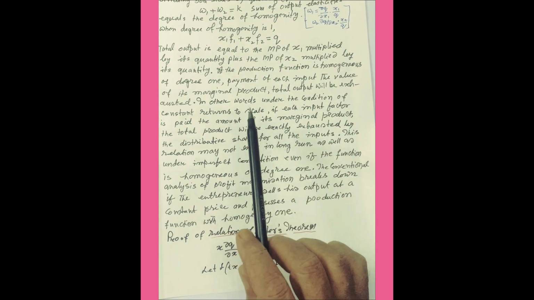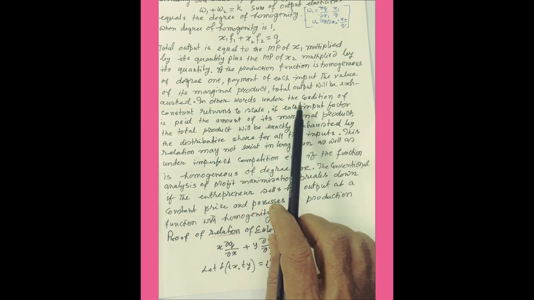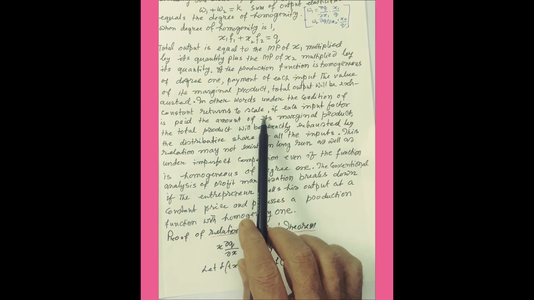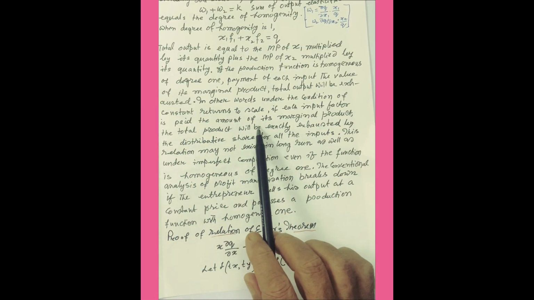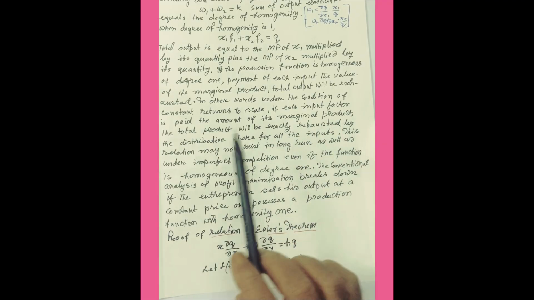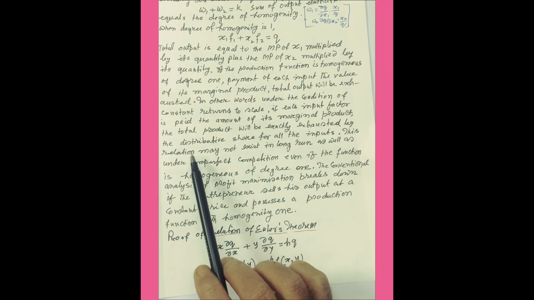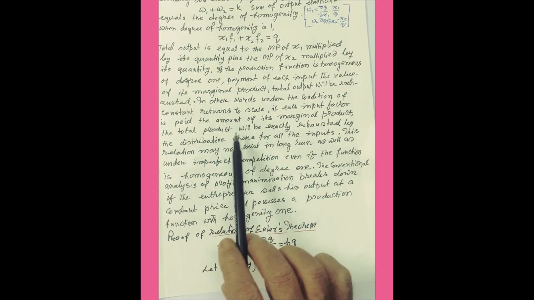In other words, under constant returns to scale, if each input factor is paid the amount of its marginal product, the total product will be exactly exhausted by the distributive shares of all the inputs. So this is the other way of expressing it.